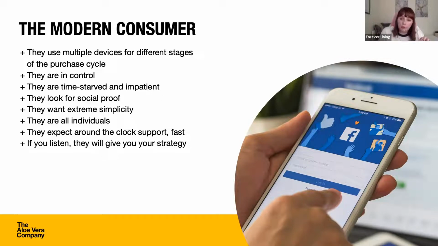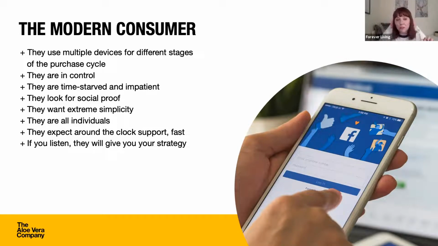They look for social proof, and by that I mean they look for positive reviews from other people to showcase that the product they think they're buying is actually worth it in other people's eyes. And for me personally, if I see a brand, the first thing I do is look them up on social media, because I want to see that they've got a good social media presence before I invest in them. That is the modern consumer.